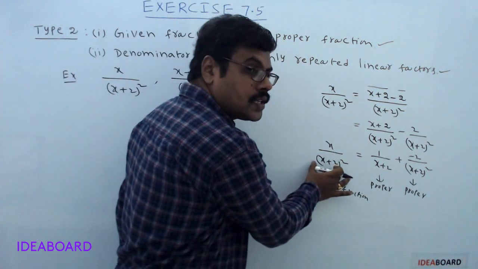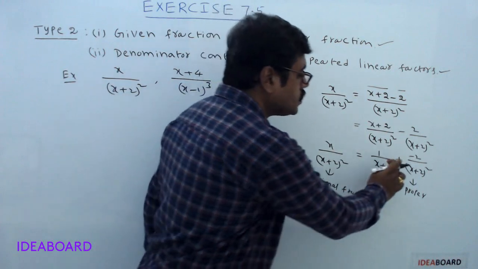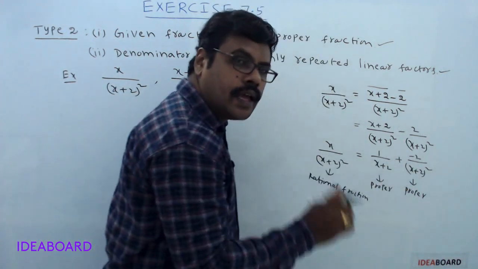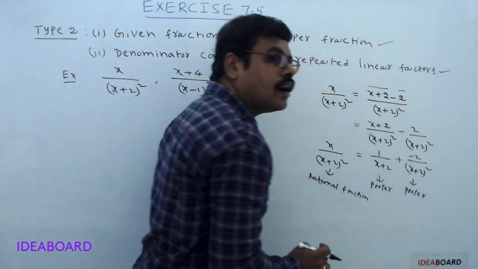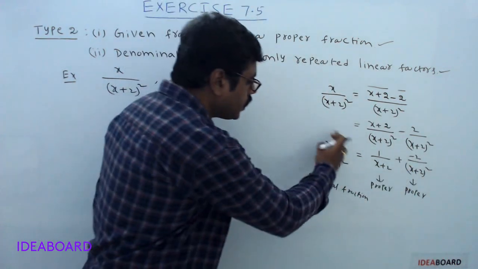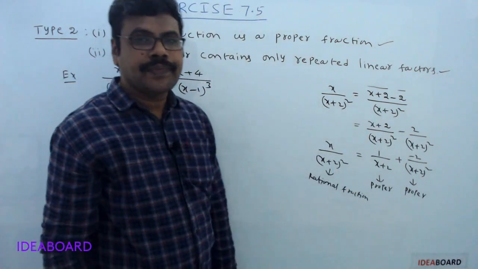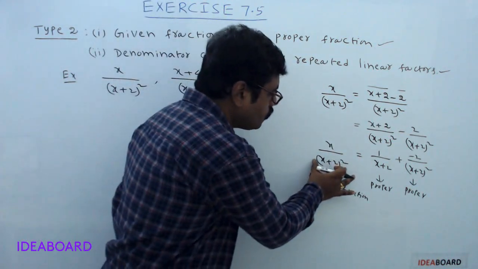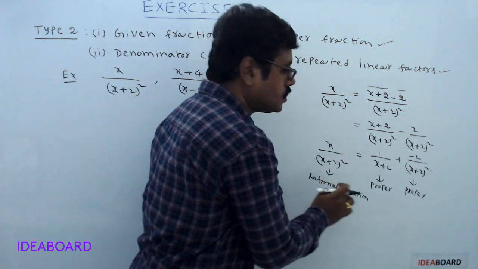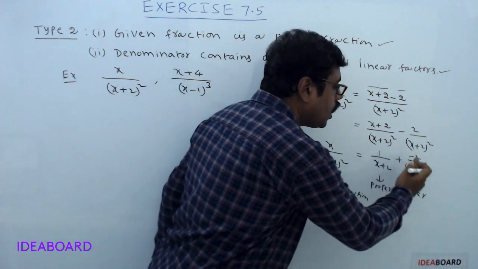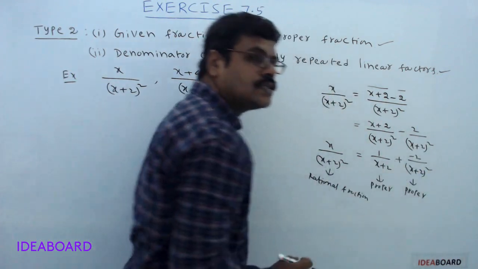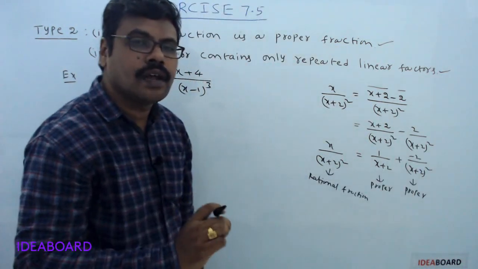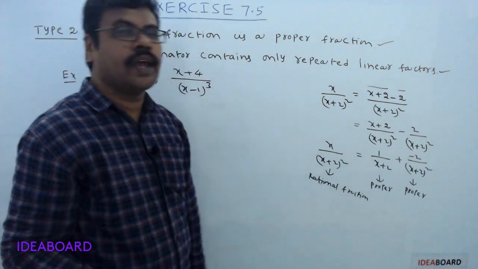If a rational fraction can be expressed as a sum of two or more proper fractions, then each fraction is called a partial fraction of the given rational fraction.